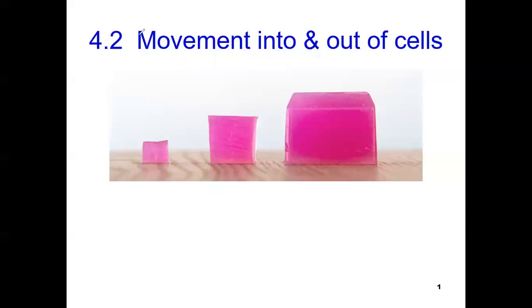So let us look at the learning outcomes for today's lesson. Can you see what's in the picture or not? This is what we're going to learn today. Firstly, investigate simple diffusion in the agar.